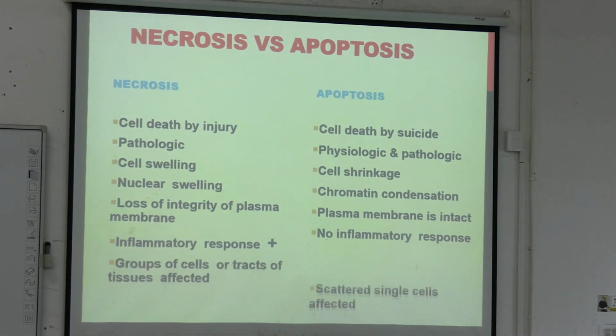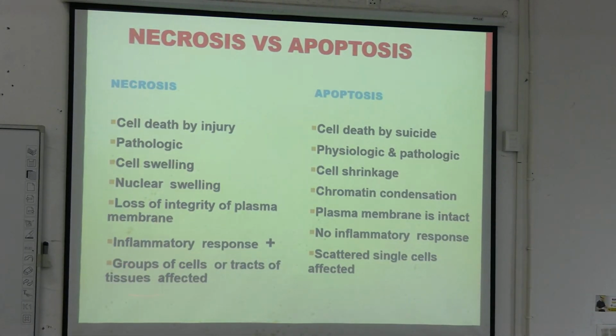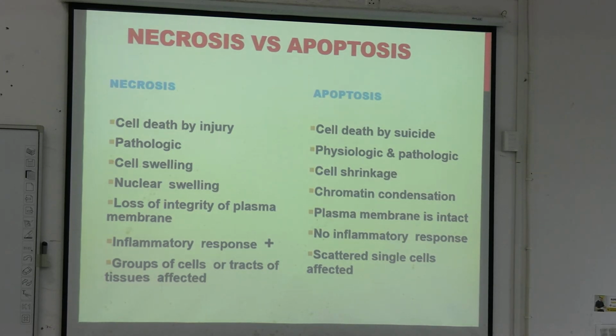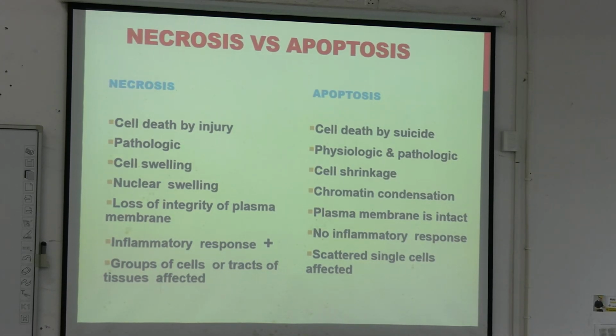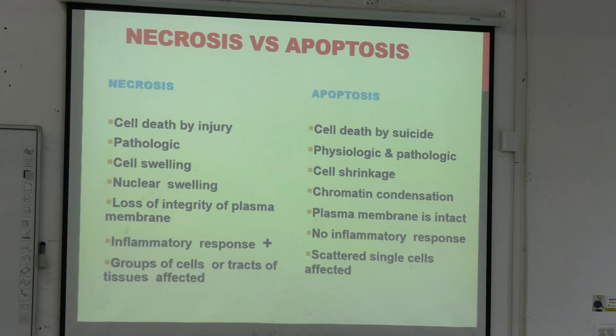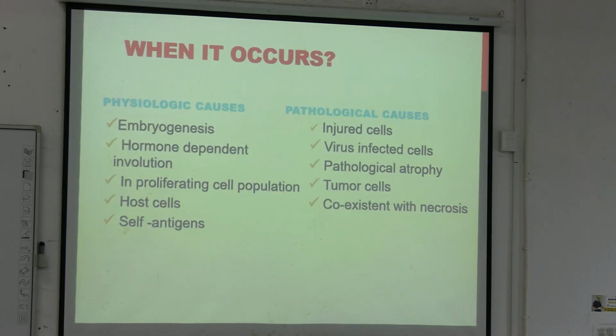কোথায় দেখা যায় apoptosis? Of course a group of cells is damaged in case of necrosis, but apoptosis might occur in scattered cells, even in a single cell. What are the examples? Physiological examples?